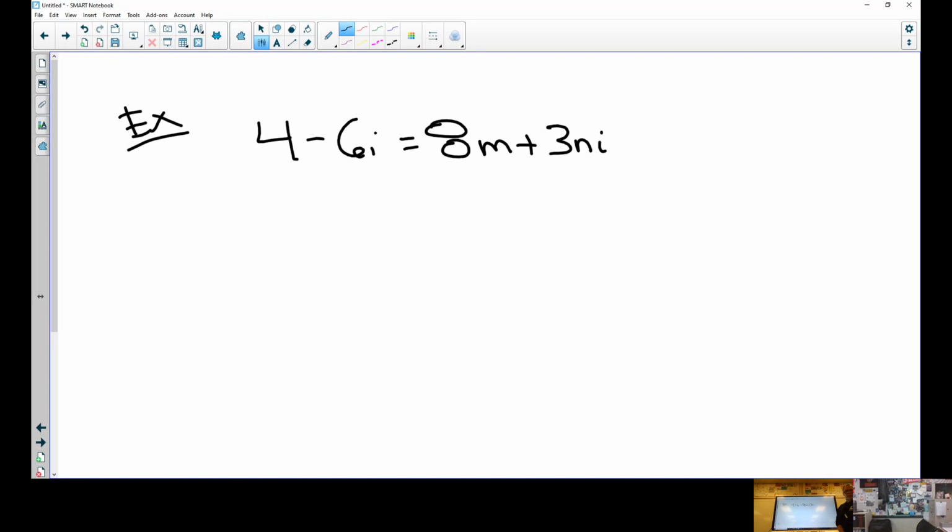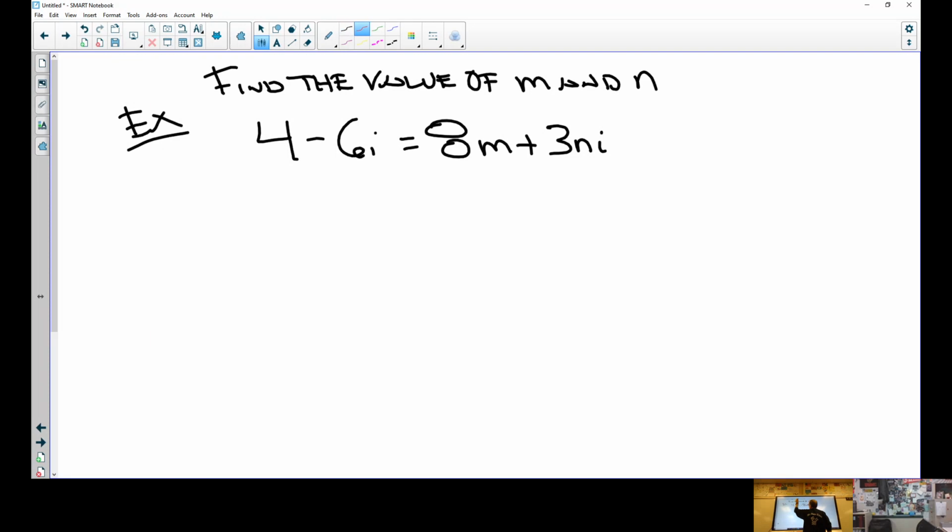If they ask you to find the value of m and n, then that's what the directions are going to be: find the value of m and n. So what I want you to realize here is we have a real number, and then we have an imaginary number.